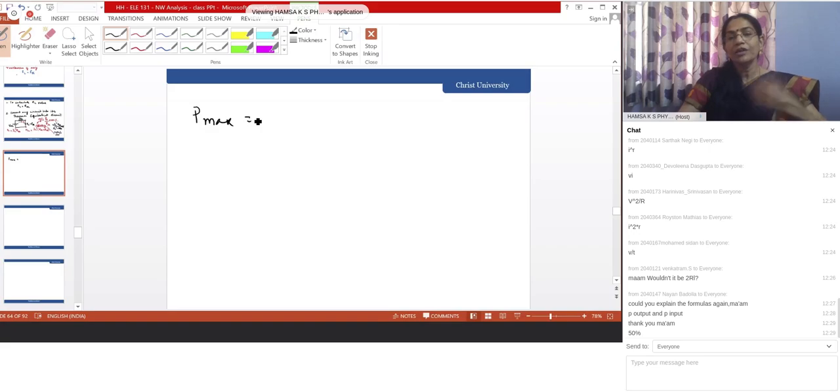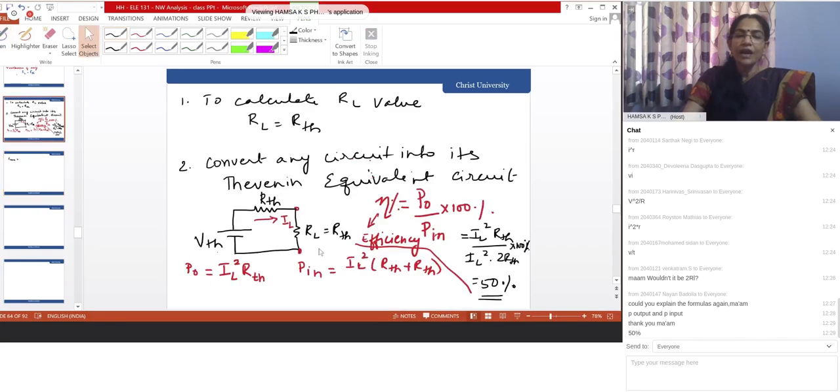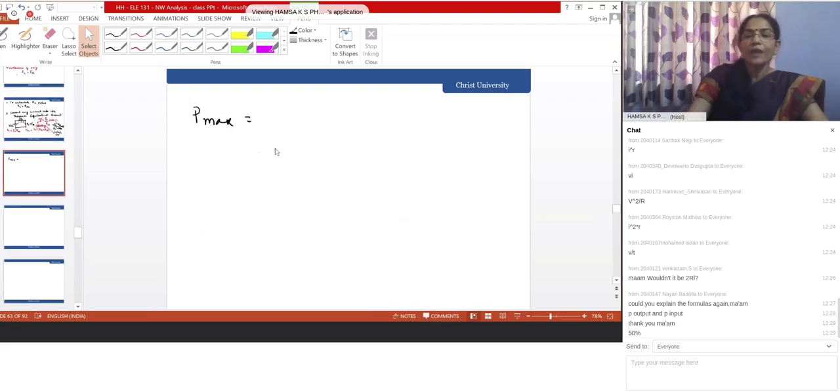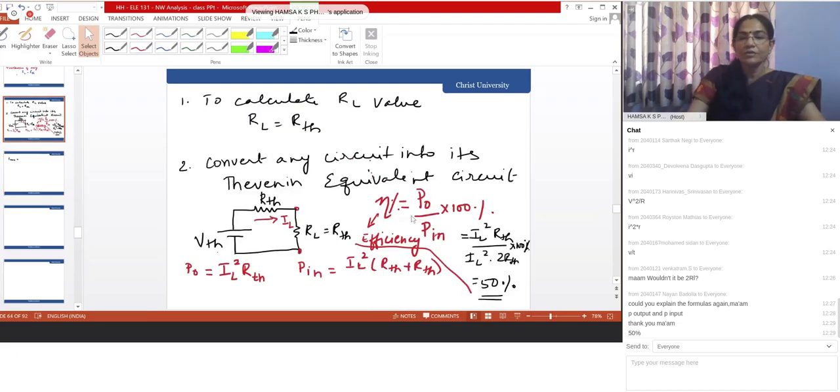For the power you can use other equations also, VI, etc. I have just used the current equation here. You can use VTH and calculate the power output and power input. For me, it is easier to express in current, so that is why I have used this. What will the maximum power be for this circuit?